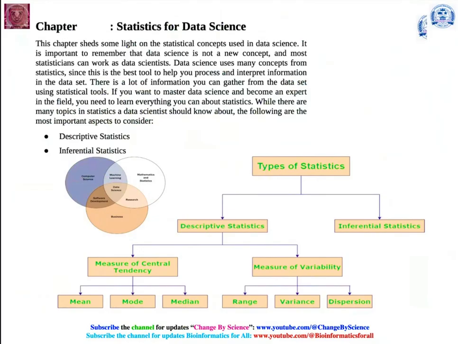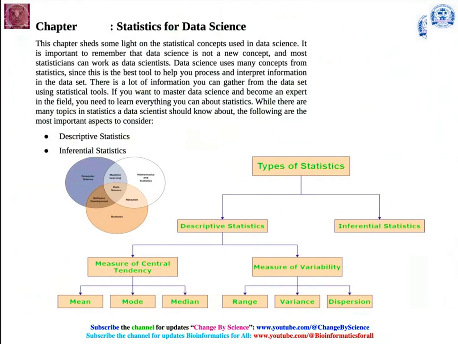If you are looking for the best and summarized thing in terms of statistics for data science, then you need to think about the types of statistics which are frequently used in data science. One is descriptive statistics and another is inferential statistics.